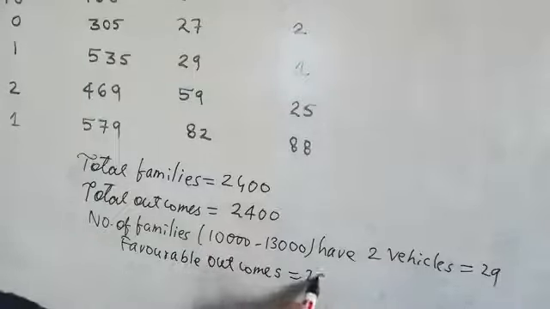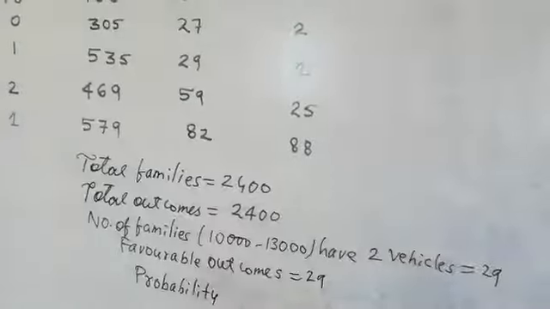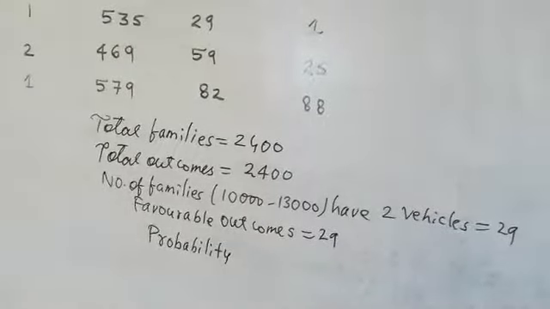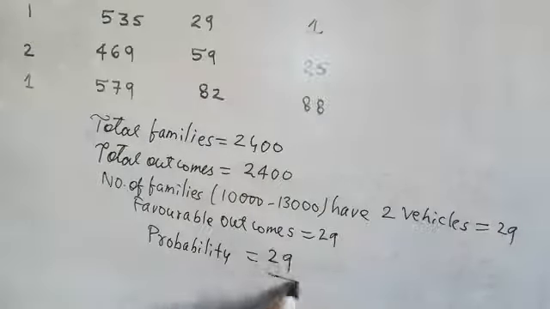So probability will be 29 upon 2,400, where 2,400 is the total number of families we have.